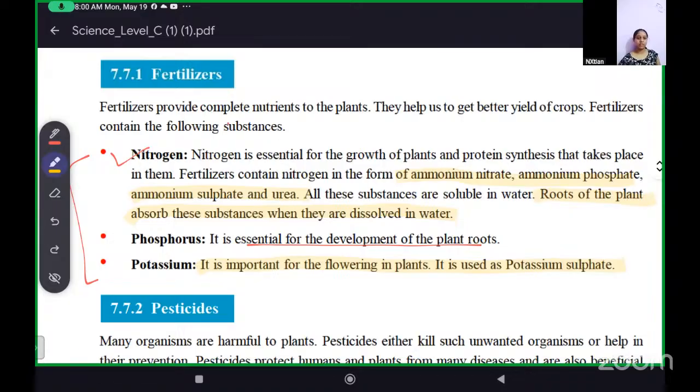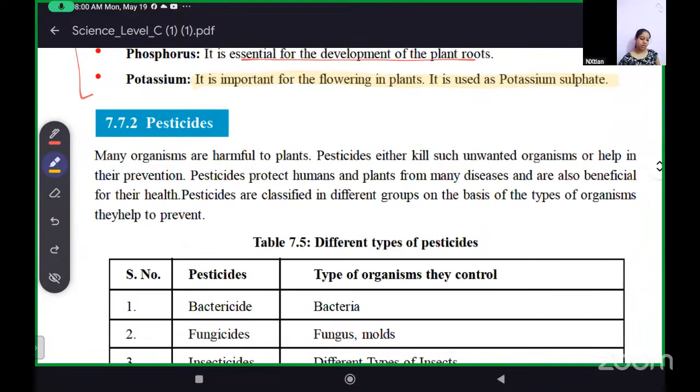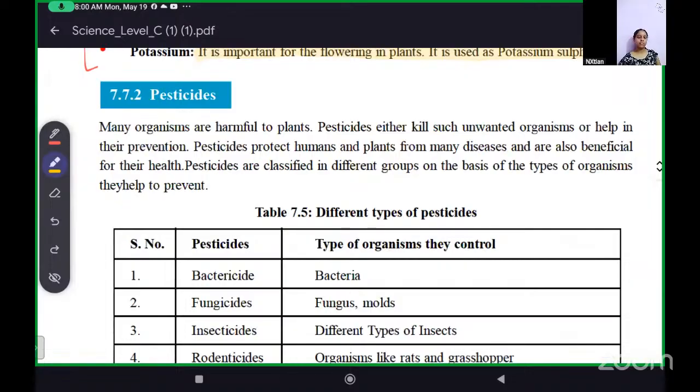But potassium sulfate, so potassium doesn't react that much because it's mixed with another substance. Yes, Abraham. That's right. Okay.